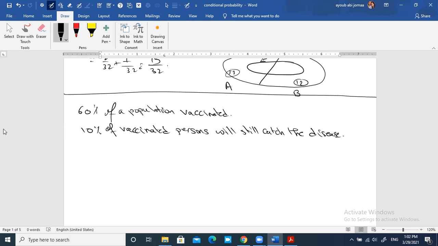On the other hand, they said 30% of the individuals who did not take the vaccine are not ill.